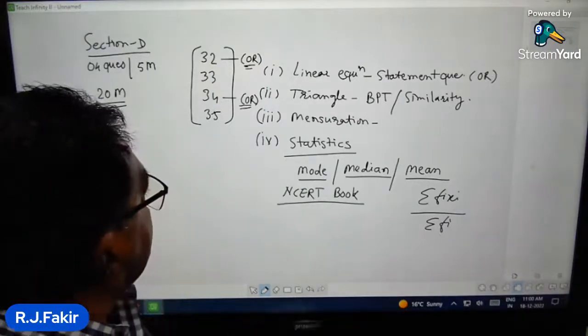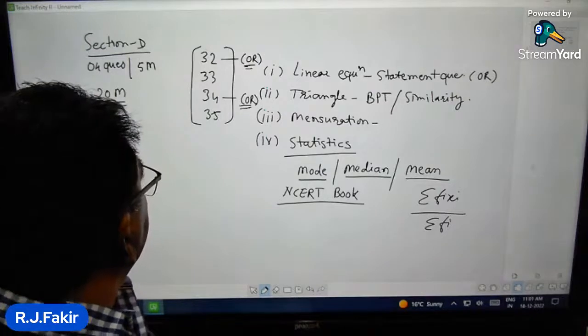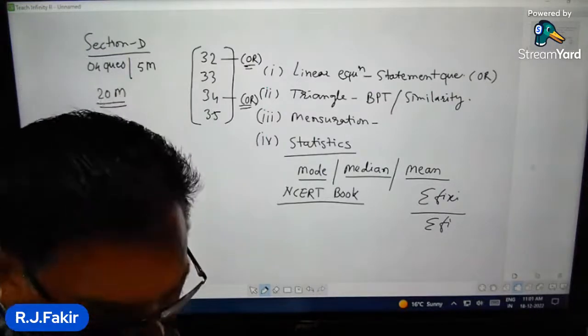Now this was about section D. This is 5 marks each.